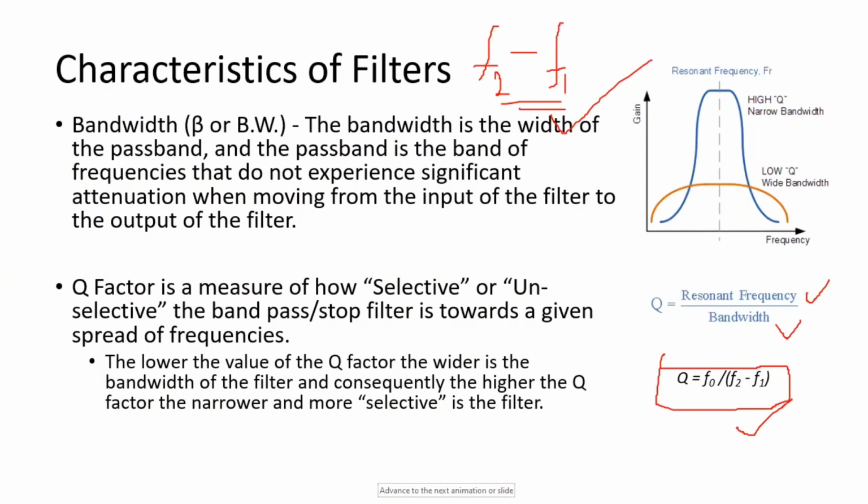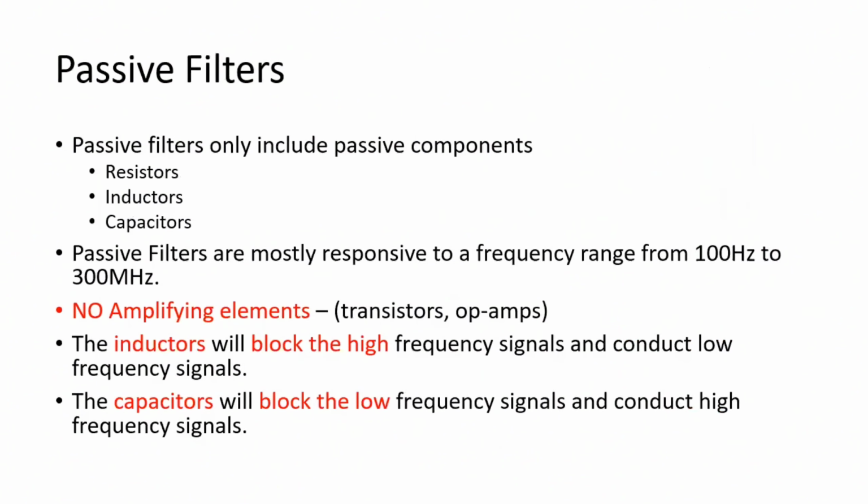Okay, since you know about the characteristics of filters, now you have a normal idea. So we will move on to the passive filters, which can be designed from the RLC components. Passive filters only consist of passive components: resistors, inductors, and capacitors.